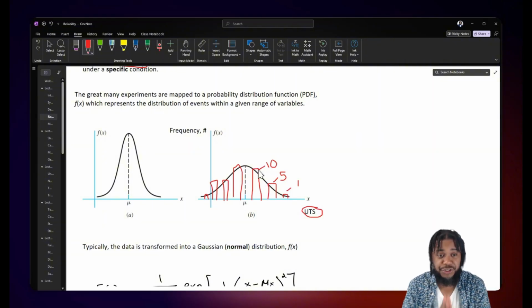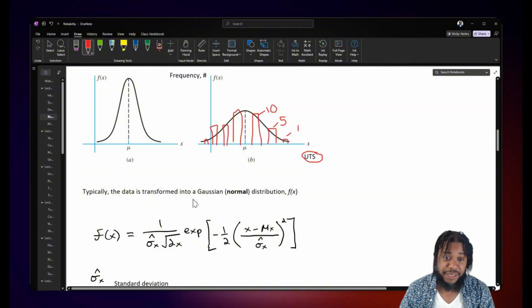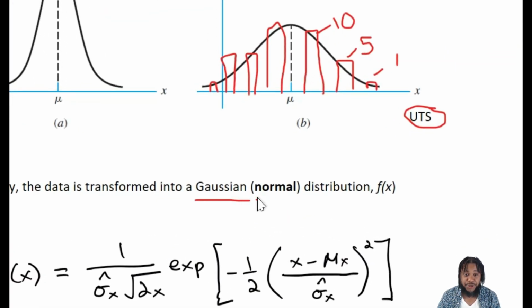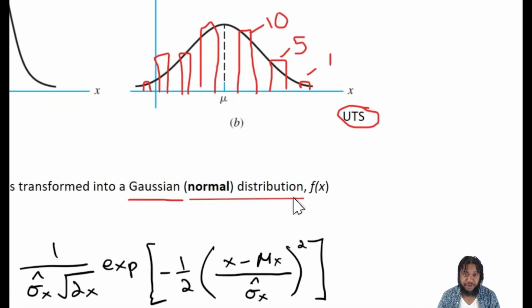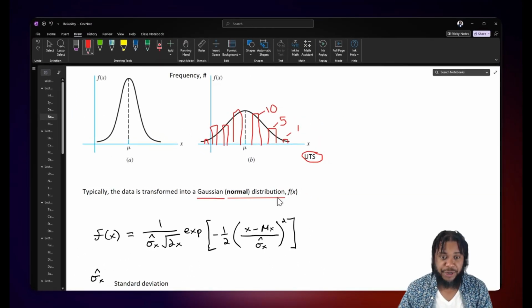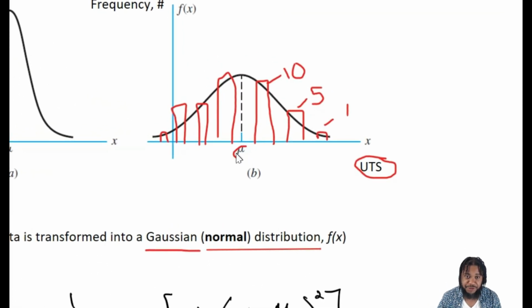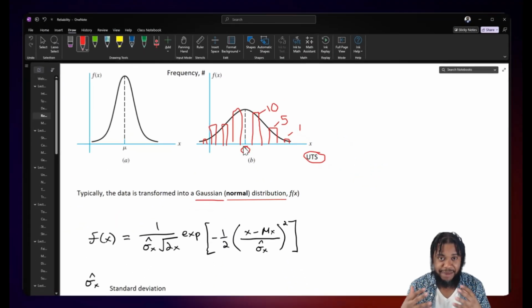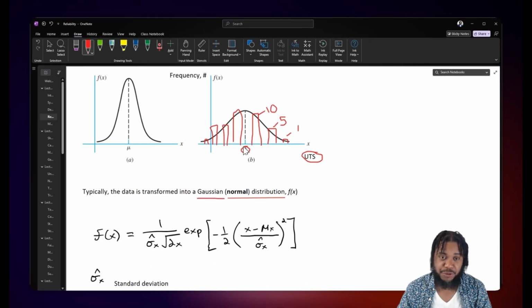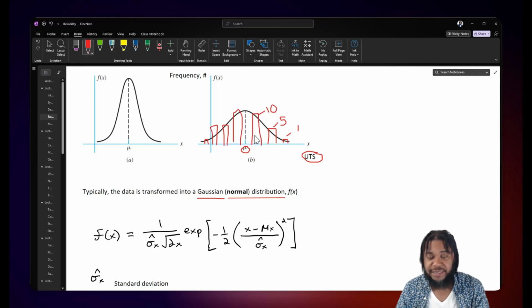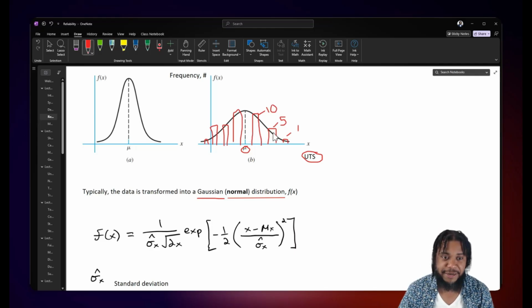Now, these distributions can take many different shapes. They don't always have to have this nice bell shape, but the typical distribution does, and we call it a Gaussian or normal distribution, in terms of where the average value, the most frequent value, is, versus the standard deviation, or values that are one standard deviation out.